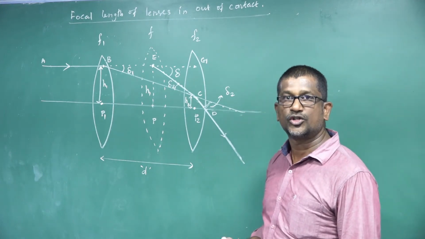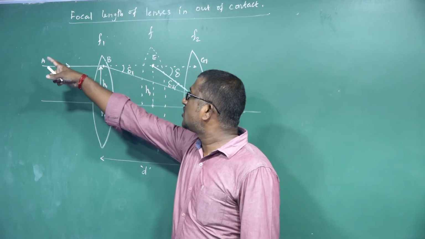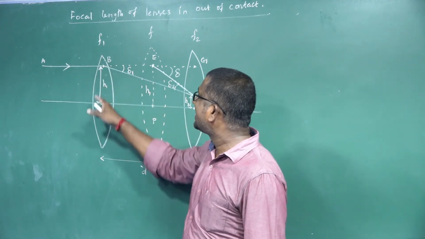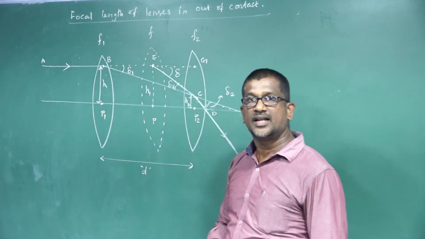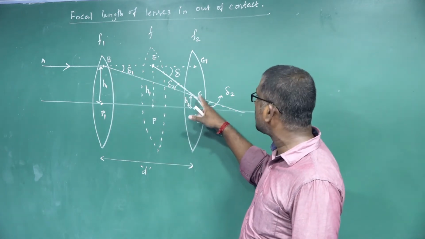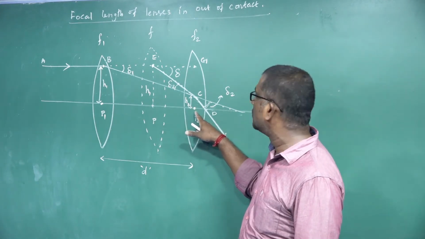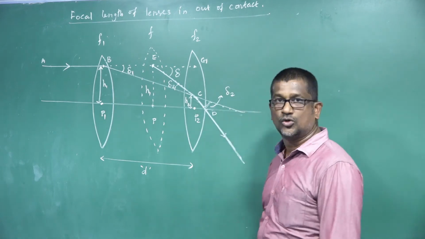The light is incident on the first lens at point B at a height of h1 from the optic center P1. This refracted ray is incident on the second lens at point C at a height of h2 from the optic center P2, and the angle of deviation produced by the second lens is del 2.